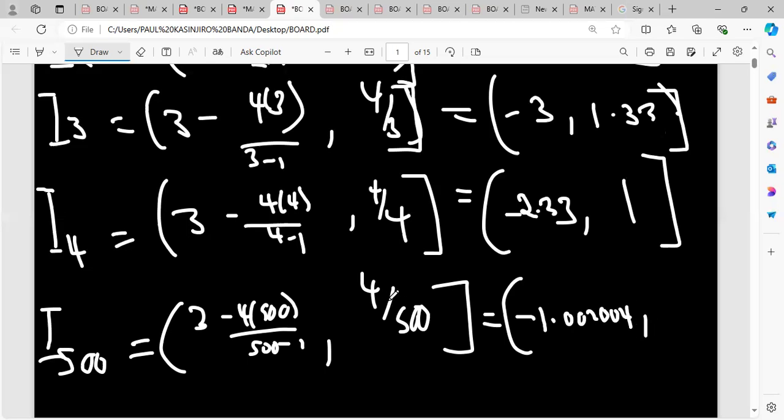What is 4 over 500? It will be 0.000 something, right? 0.008. Okay, so what do we notice from here?